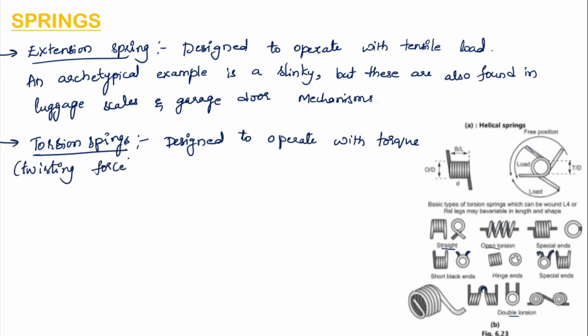They are used in every clothespin and mousetrap. If you have seen the mousetrap, you can see how it operates. As soon as the mouse comes nearby, it will just get closed with a snap. That type of spring is the torsion spring.